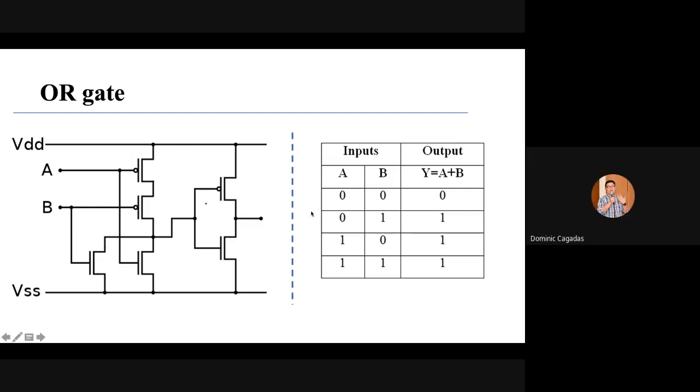Okay, if your input here is A, low, and your B here is high, what happens to this transistor? PMOS. It will be off. Off? No. On. Yes, this one here is on.